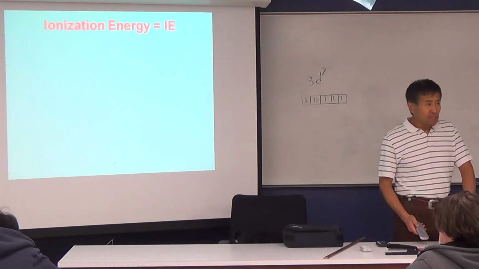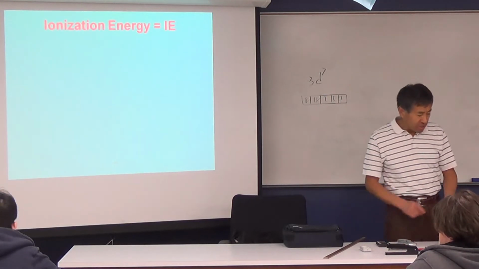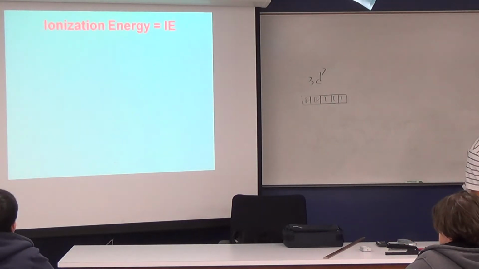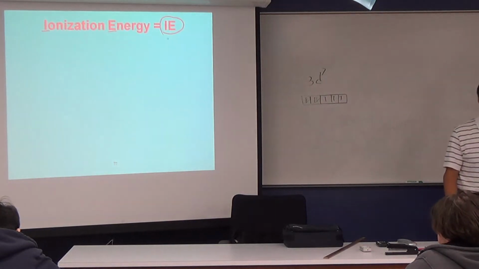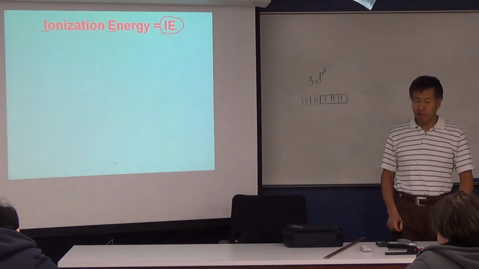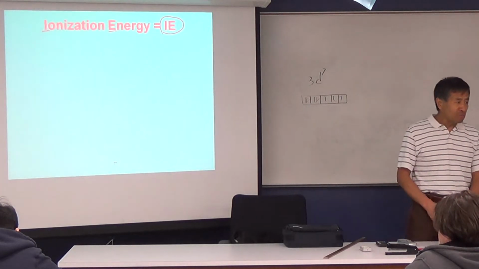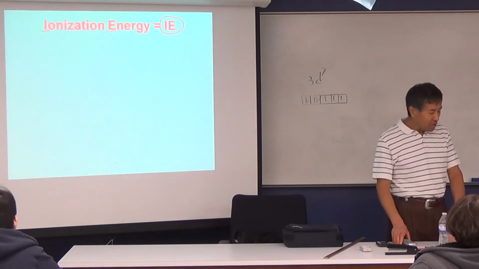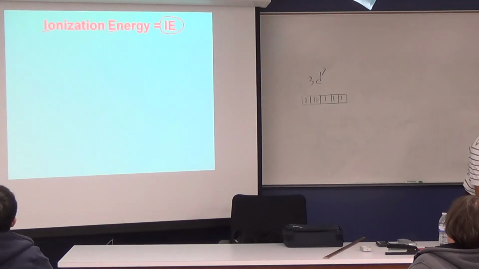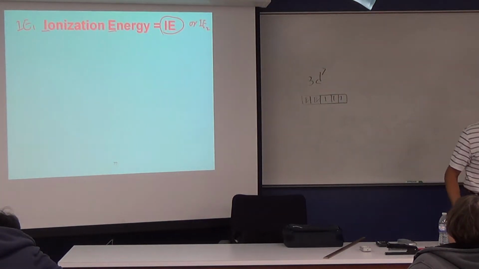Now this ionization energy, the first letter is I, and then this is E. So therefore we simply call that IE. In this chapter you will hear me a lot about IE, that means ionization energy. And then you also will hear me a lot about IE1 or IE2.